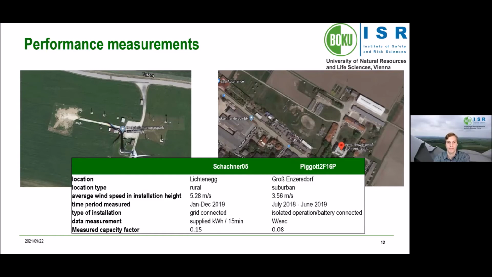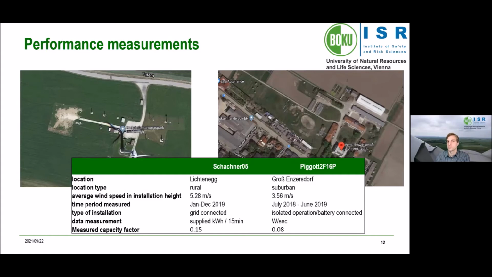The average wind speed was around 5 meters per second at installation height. And we had 1 year of measurements for the performance. In that case, the Schaffner 05 is grid connected, and we had rather coarse production data.